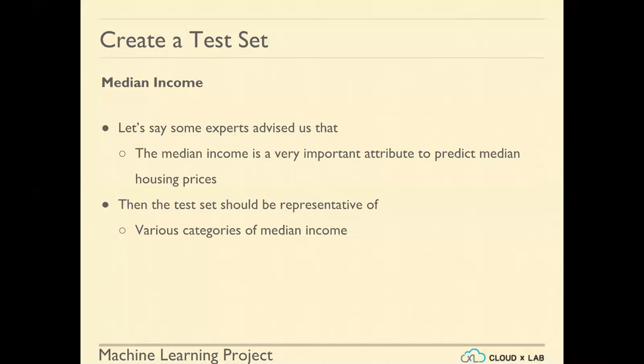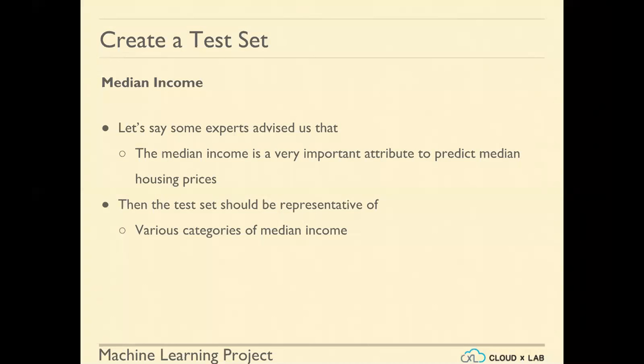Then the test set should represent various categories of median income, because we come to know from the experts that the median income is a very important aspect. Therefore, there could be a case that for certain income groups, we may pick a lesser number than the others, right?